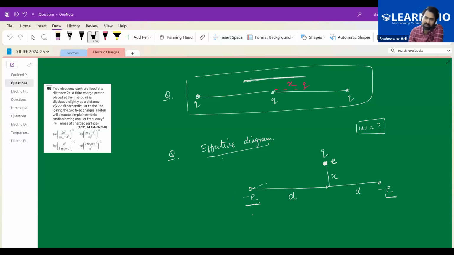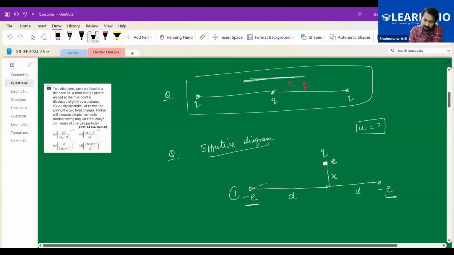But in the dipole case, we have two different charges, and we don't have that here. We only have similar charges. So we have to calculate the net force using the superposition principle. Let's say this is 1, this is 2.